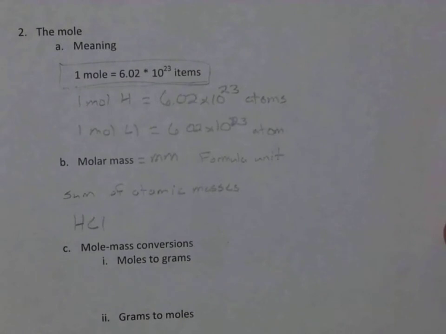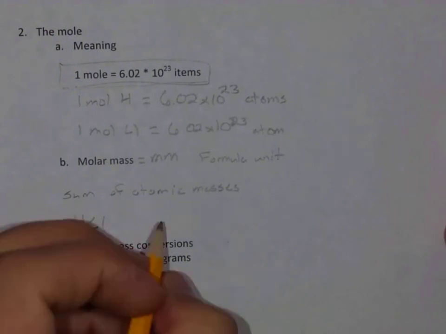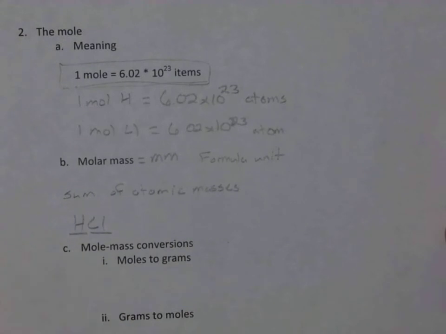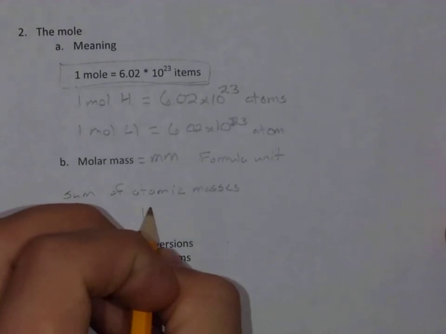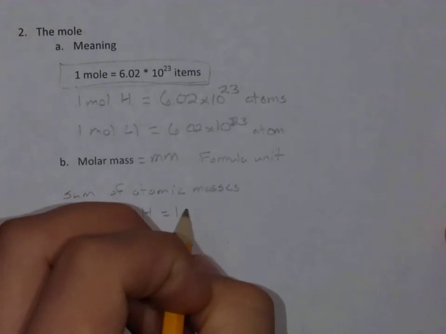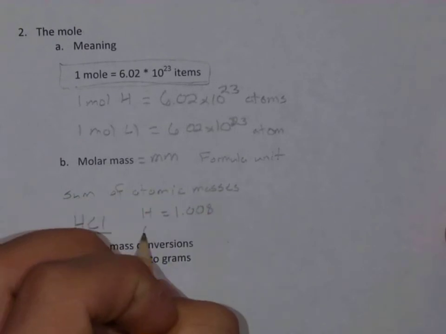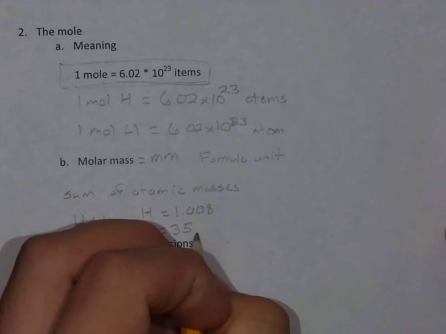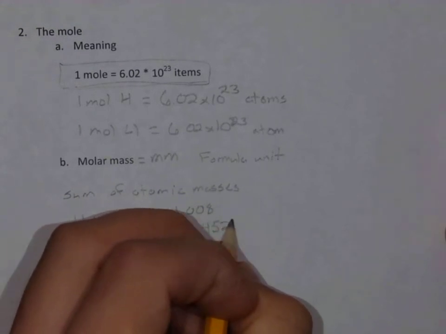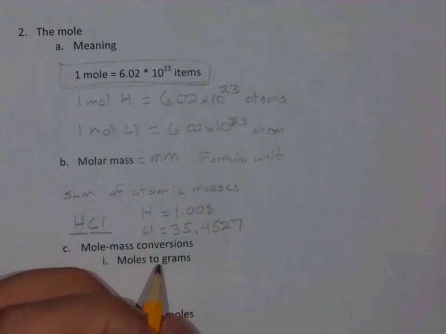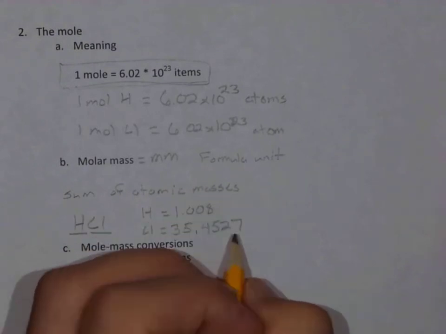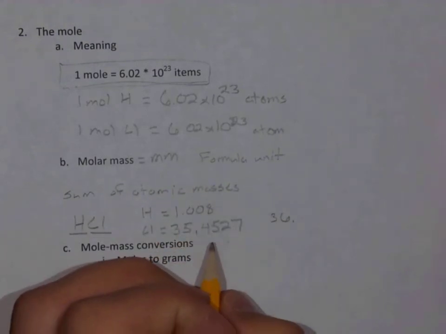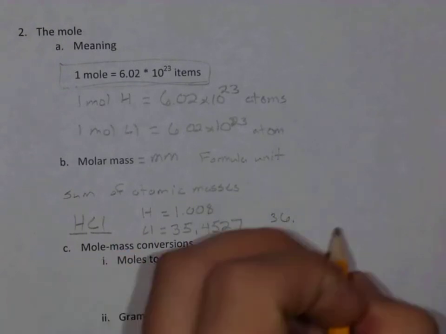What's my molar mass of HCl? All I have to do is take H and Cl and add the two together. Hydrogen is 1.008, and chlorine is 35.4527. I add those two together, and I'm going to get 36.46.